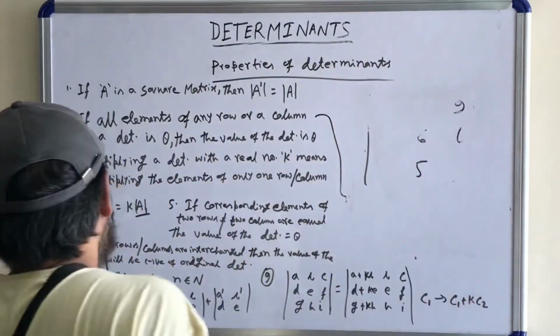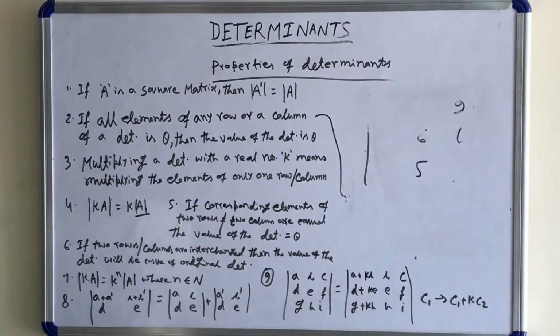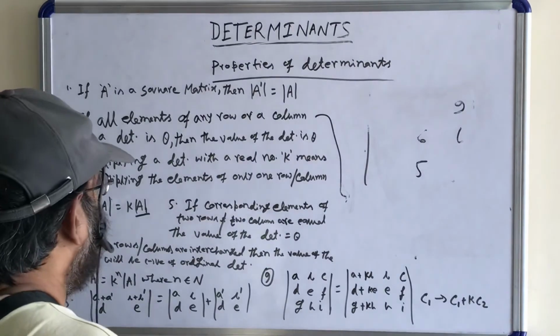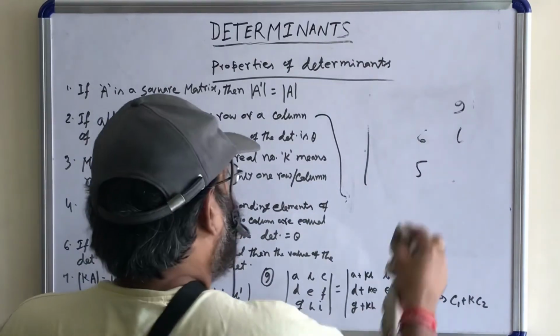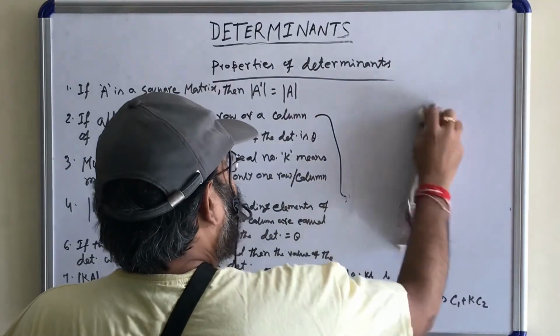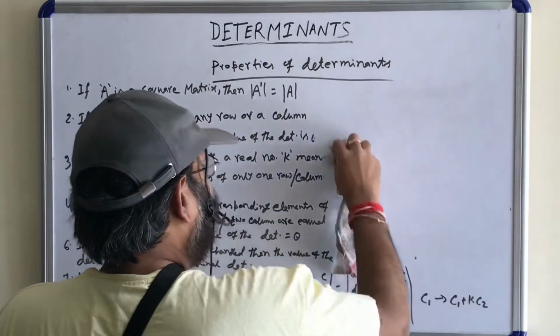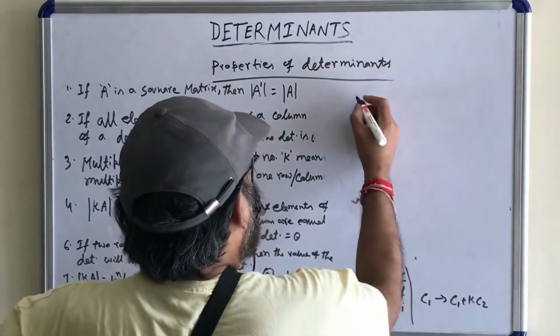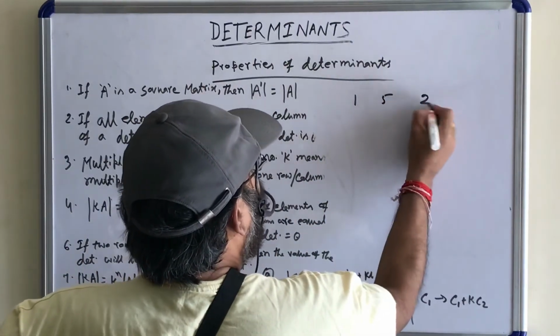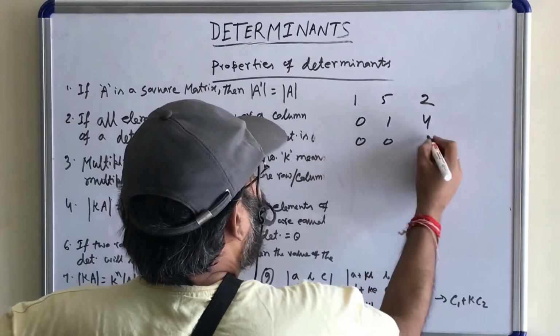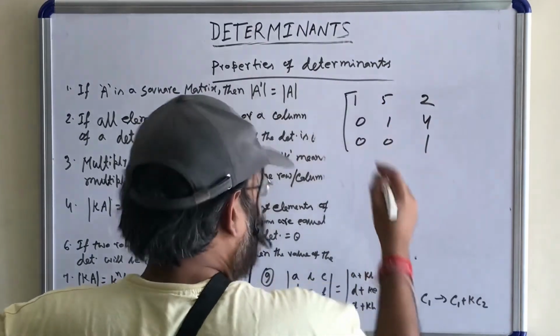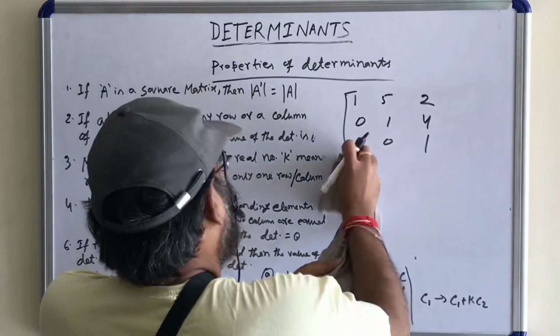What is the next property? If two rows or columns are interchanged, then the value of the determinant will be the negative of the original determinant. Again, what does it mean? Say 1, 5, 2, 0, 1, 4, 0, 0, 1, it is a determinant.